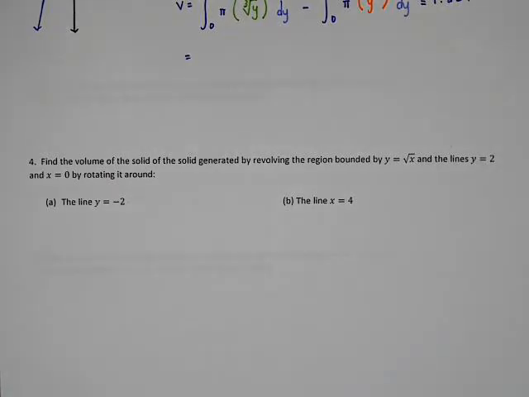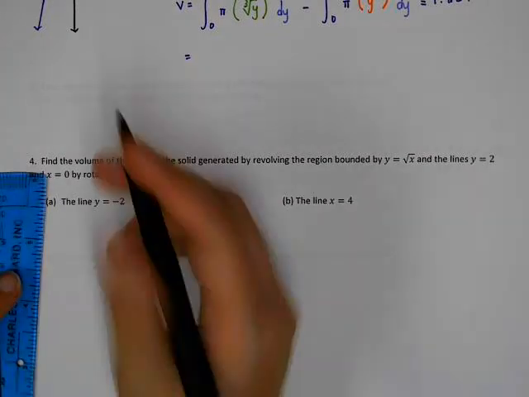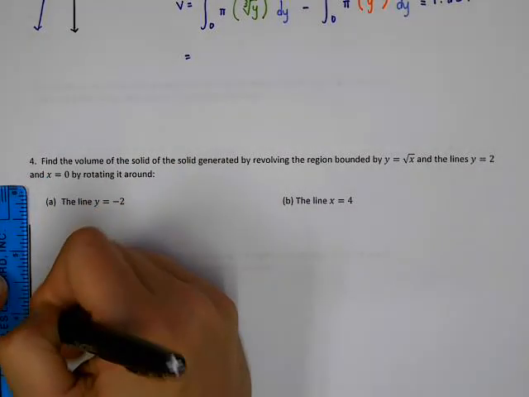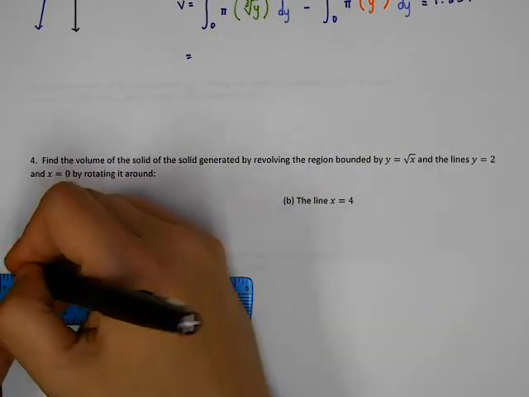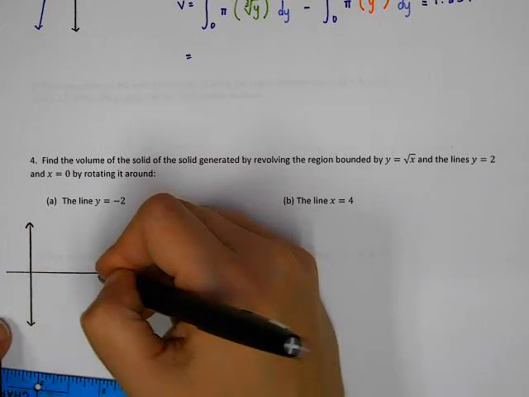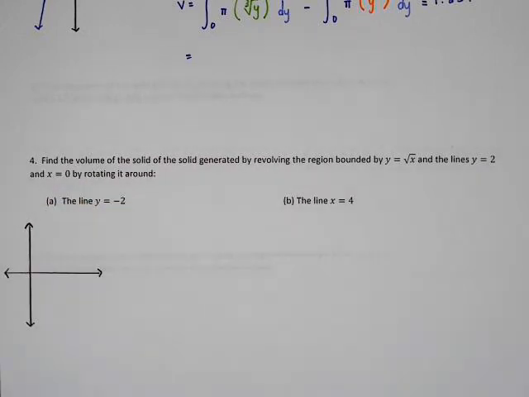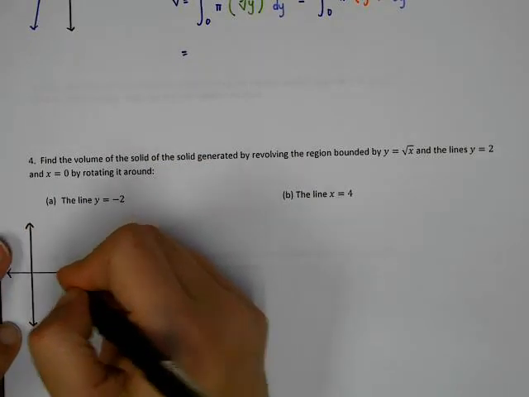For both of these, a really good picture is going to be helpful. So it says we're going to take the region bounded by y equals the square root of x and the line y equals 2 and the line x equals 0. So let's go ahead and graph y equals the square root of x.